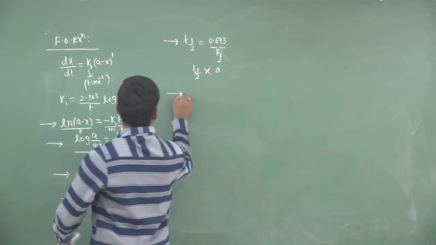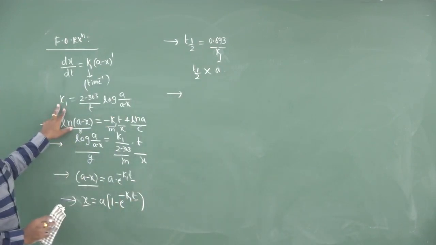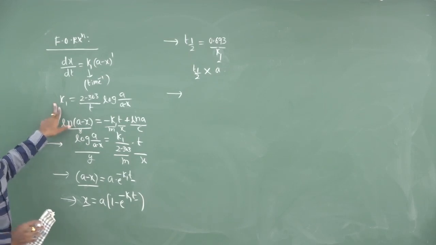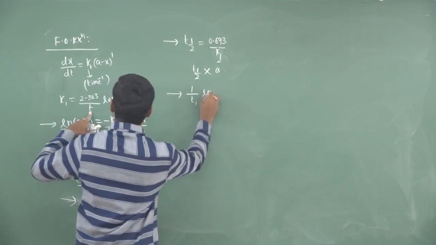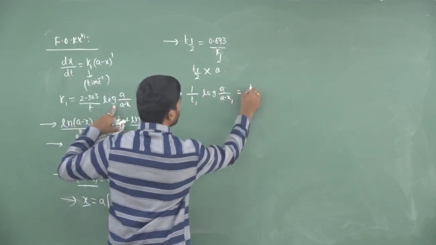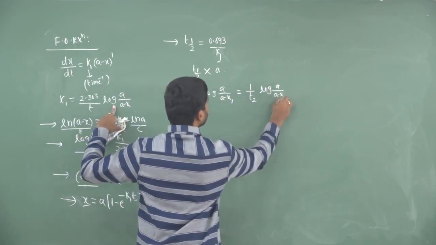Next, if you apply K1 at time t1 equal to K1 at time t2: at time t1 we get 1 by t1 log a by a minus x1, and at time t2 we get 1 by t2 log a by a minus x2.